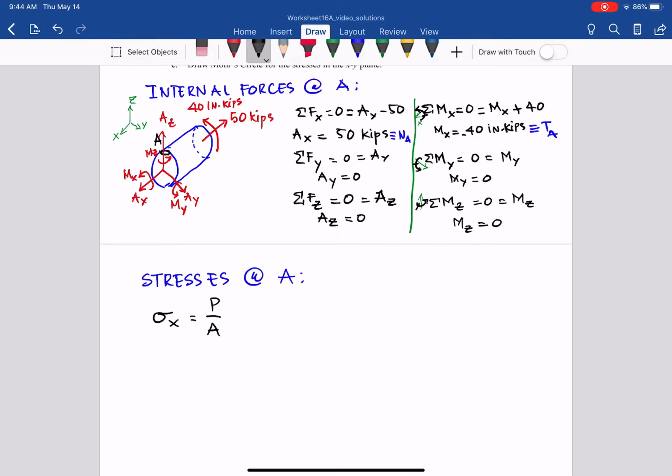equal to P over A. In this case, it equals N_A or R_x over the area.